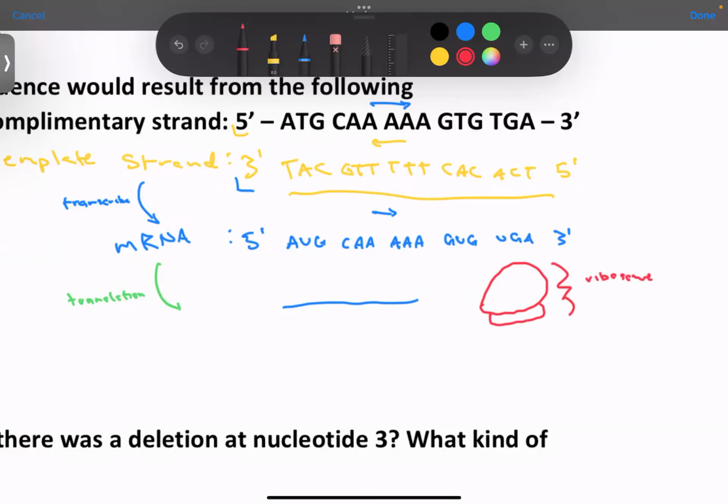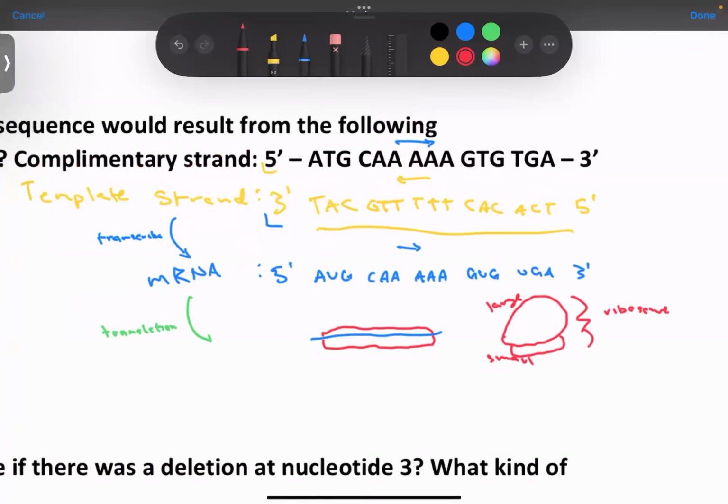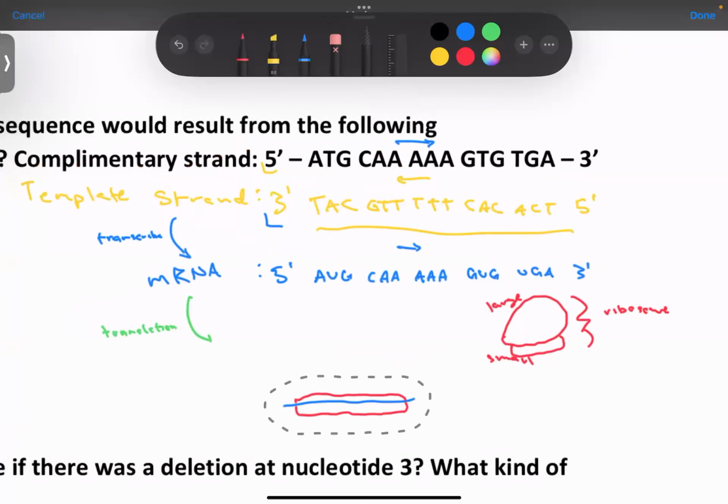We have obviously the large subunit and the small subunit. And the small subunit is going to be the one that actually recognizes this mRNA sequence. And it's going to attach to it. And then that's going to invite the large subunit to come and sit on top.